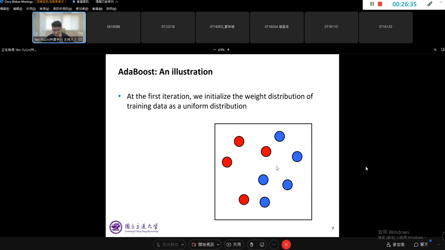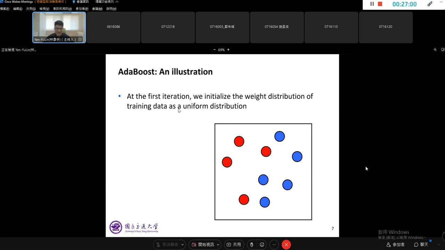In the beginning, as you can see, all the training data have the same weight because we have no prior knowledge about which training examples are more important or more difficult. So in the beginning, we assign the same weight to each of the training data points.